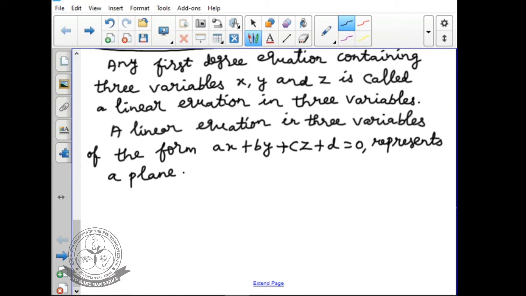So we have to compare the first and second definitions. The first one, with x and y only, two variables, is called a linear equation in two variables.